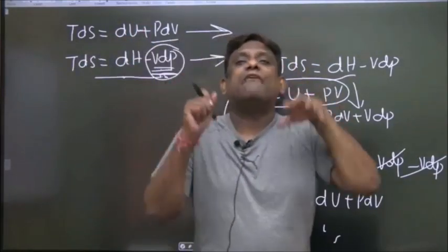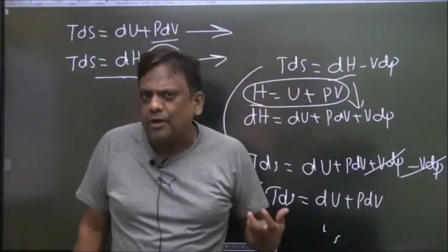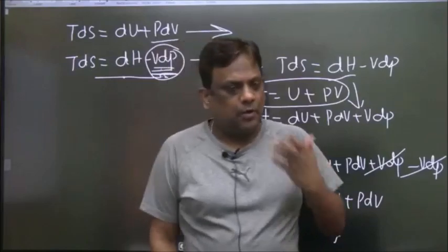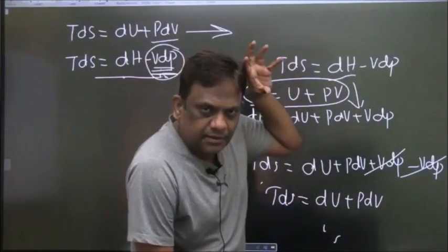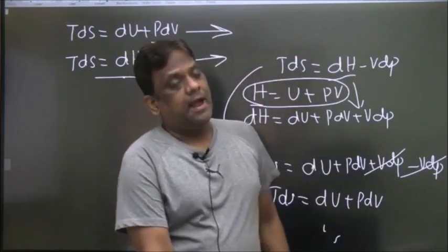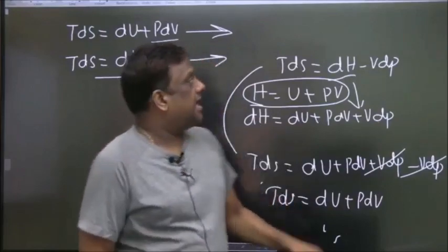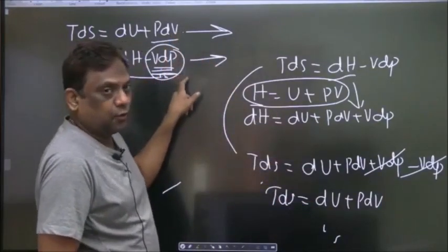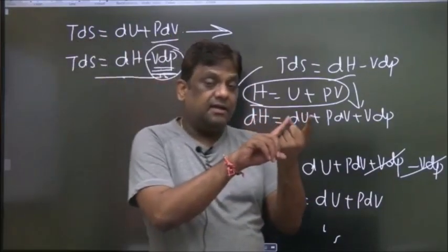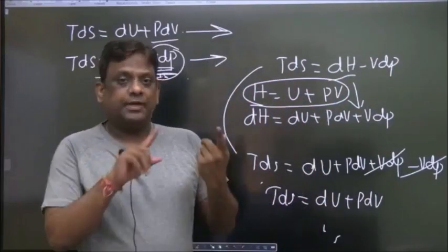So both are valid for any system, whether open or closed. We can use these equations for open as well as closed system. In PK Nag book at some point it is given as this is valid for closed, this is valid for open, but he has corrected it later on. By mistake it was given.